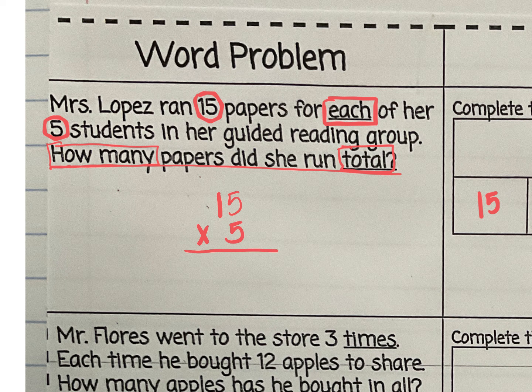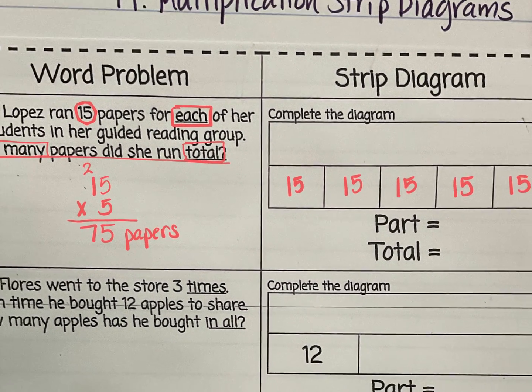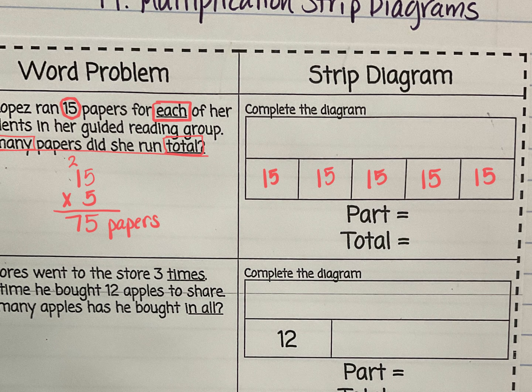Okay, 5 times 5 is 25. Carry your 2. 5 times 1 is 5 plus 2. So there was a total of 75 papers. So I'm going to put 75 where my whole needs to go.